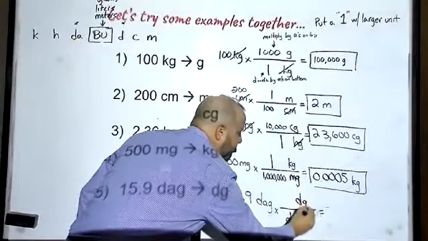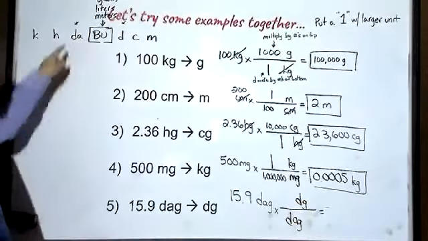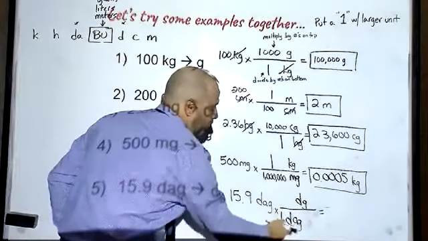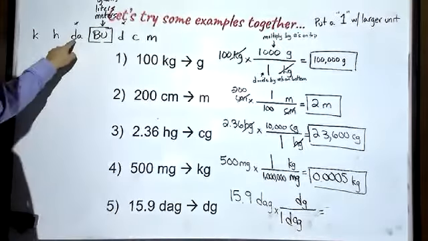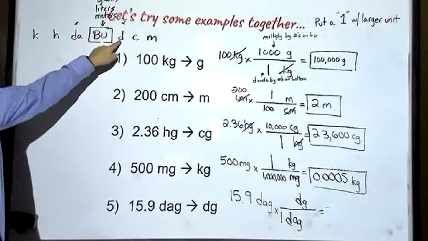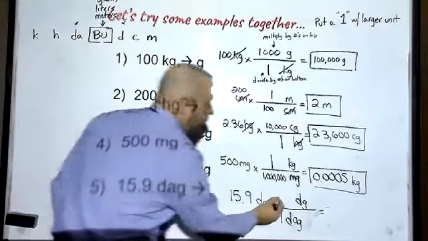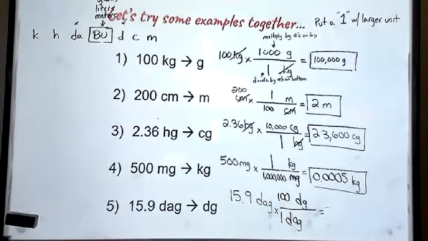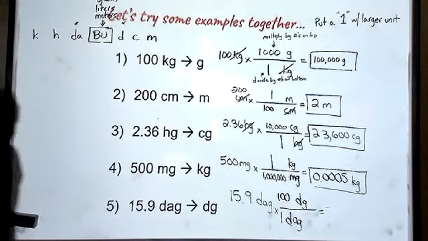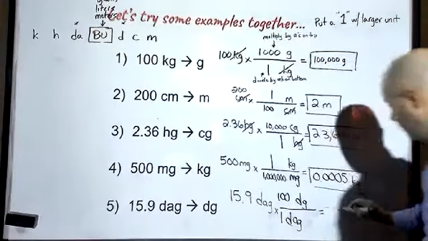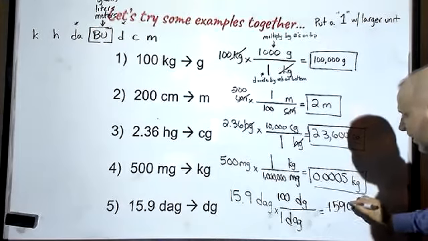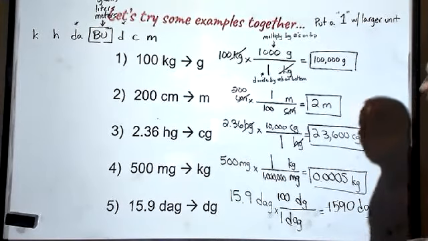And decigrams is going to go on top. Decagrams is the larger unit, so that's going to get the 1. So we have 1 decagram. Then we're moving 1, 2 spots away to get to deci. So 1 with 2 zeros right here. So 15.9 times 100 is 1,590 decigrams.